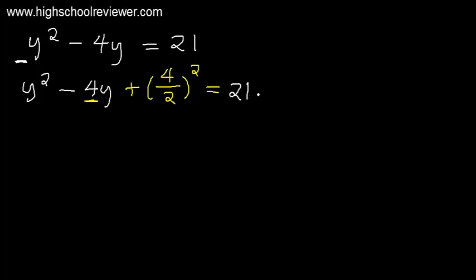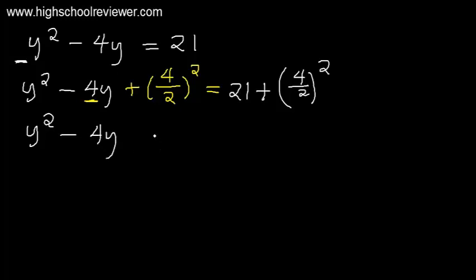So we have here 21, and then we are going to add 4 divided by 2 raised to the power of 2. And then we have here y squared minus 4y plus 4 divided by 2, that is equal to 2.